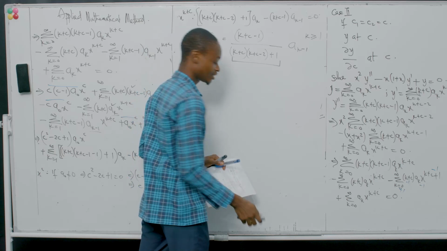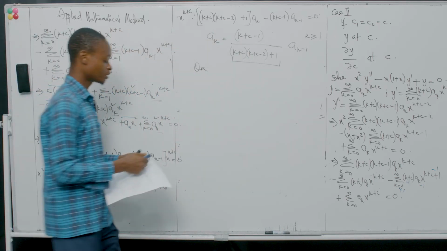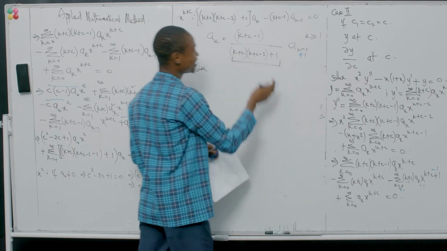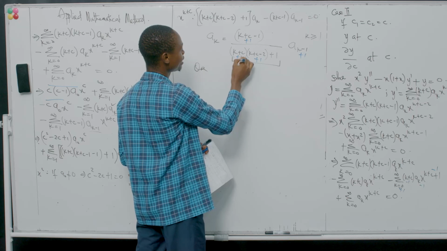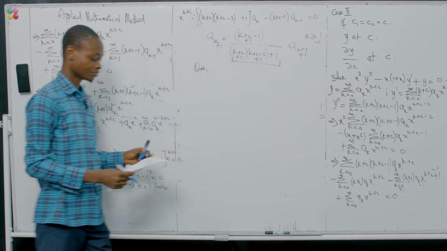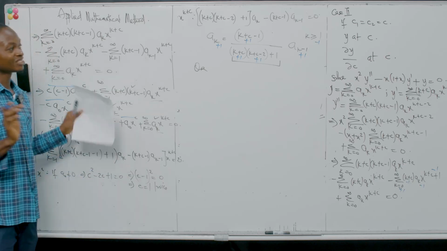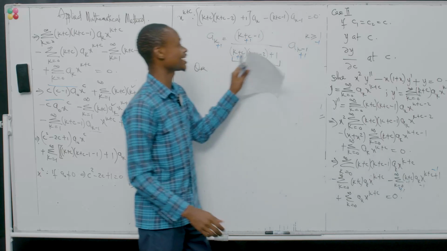I want to move it. I want to make it positive, which means the closest possible thing I can have is a_k. So it means that I have to add 1 here. Now on this side, anywhere I see k, I will add 1 to it. And here, I will subtract 1. Simple and straightforward. Just as I do it in the sums, I can do it here as well.